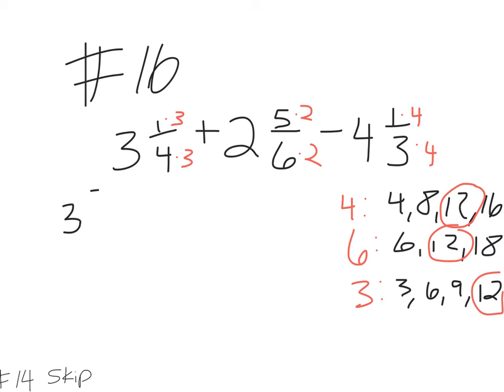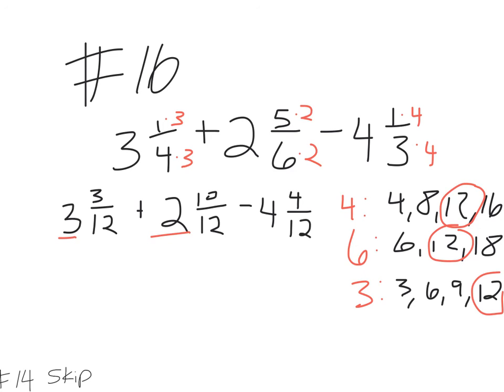So 3 and 3 out of 12 plus 2 and 10 out of 12, and then minus 4 and 4 out of 12. So I'm going to do this problem with just the whole numbers first. I've got 3 plus 2, that makes 5, minus 4. 5 minus 4 is 1.